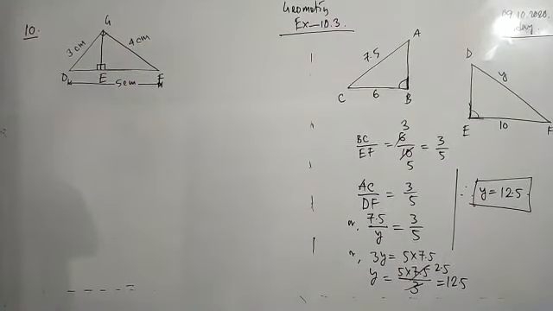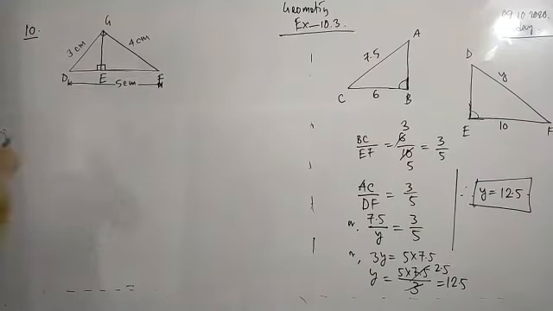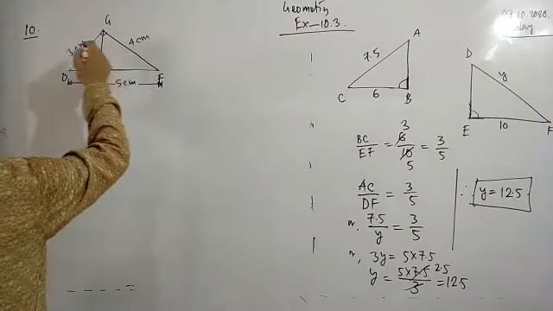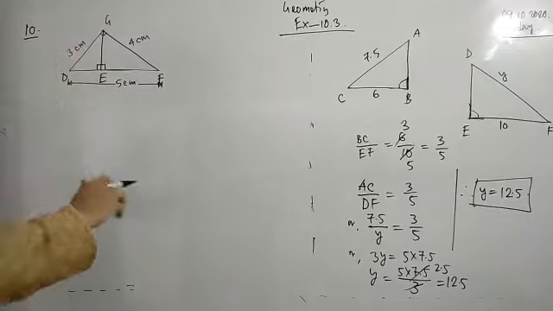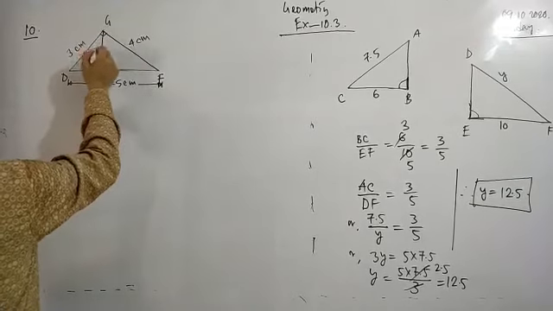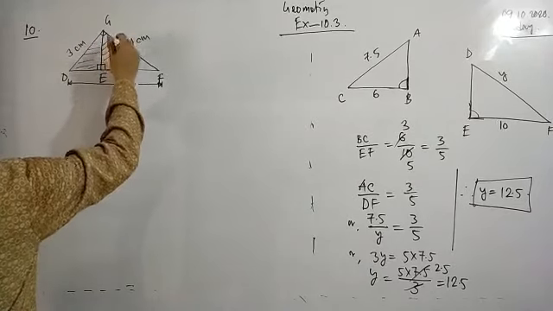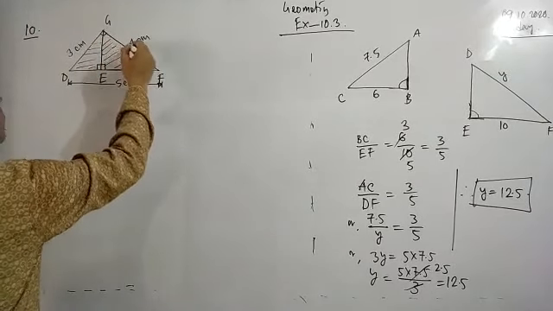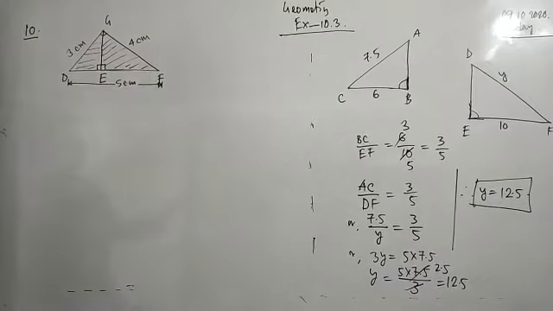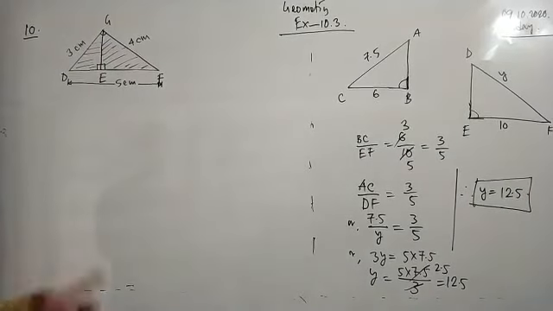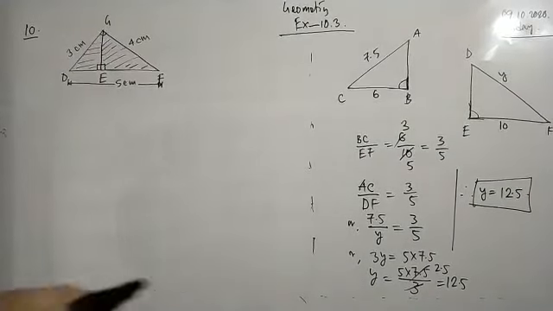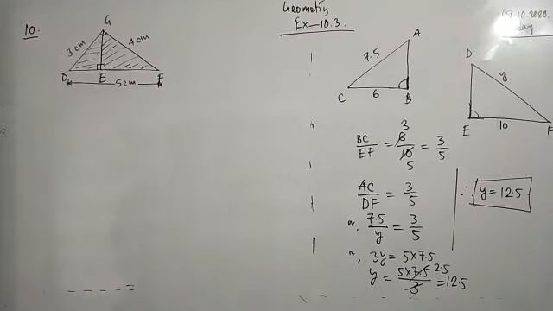So the whole big triangle is one triangle, here is one, and here is another one. In total we have 3 triangles, and we have to show these three triangles are similar.